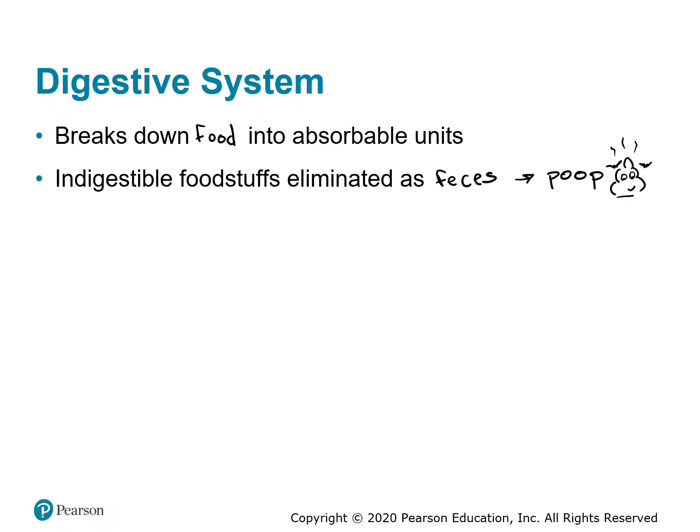Not all of your food and not everything that you eat can immediately be absorbed by your body, so your digestive system breaks it down into pieces that are more usable for you. For example, if you are lactose intolerant, your body cannot process lactose as a sugar. So there needs to be enzymes, that's where you get lactase, enzymes that help break down that sugar into more manageable pieces like glucose or fructose or sucrose or something like that.